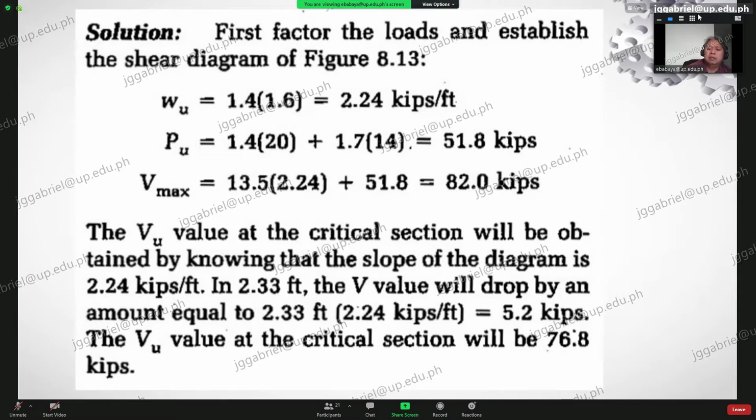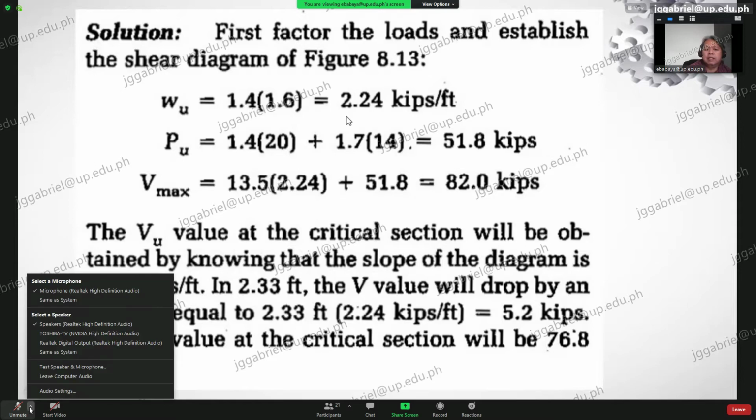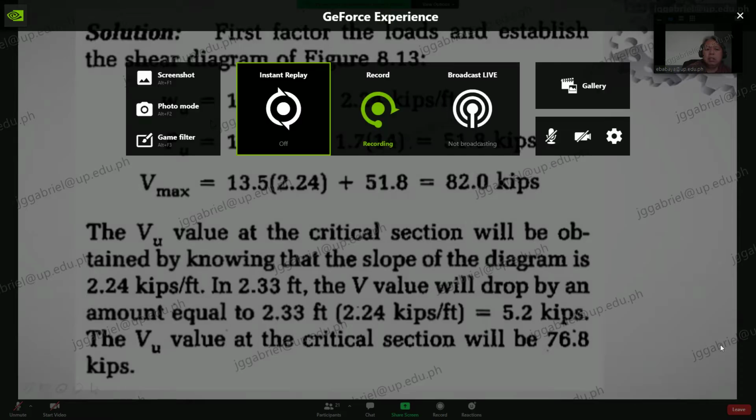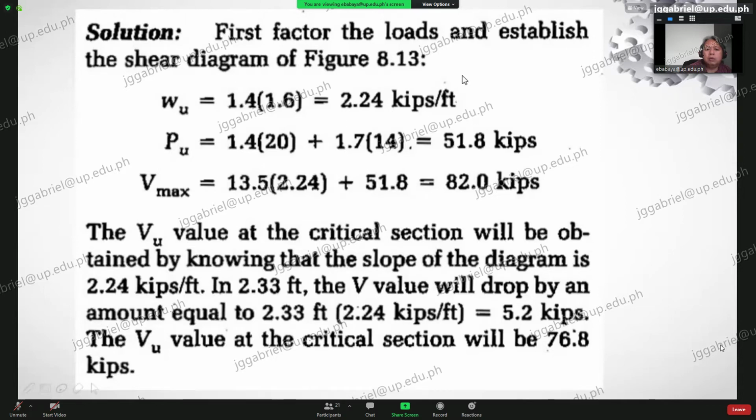No? Okay, now, this Vmax, this is actually the support reaction at both ends. So yung supports natin, both ends, left and right end. Now, the first one that we have to account for is the uniformly distributed load, which is 2.24, multiplied by 13.5.